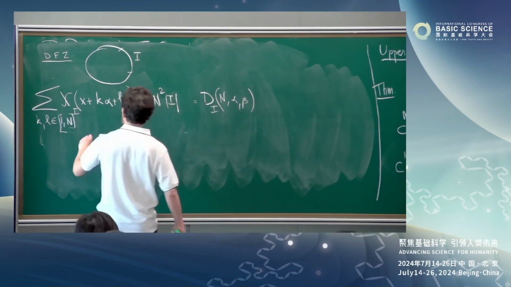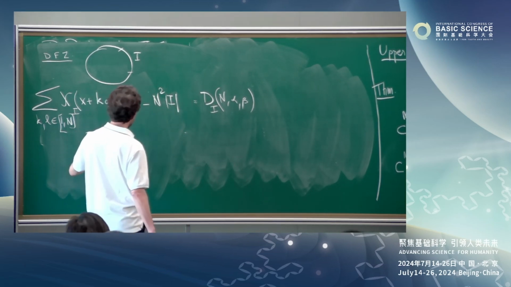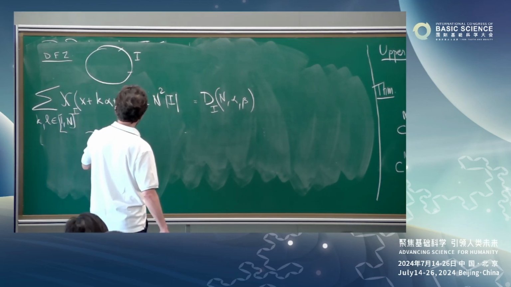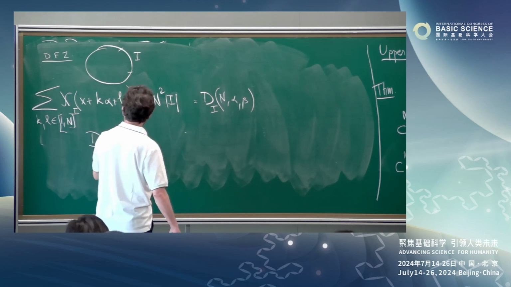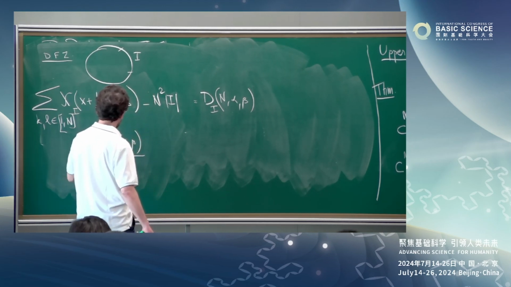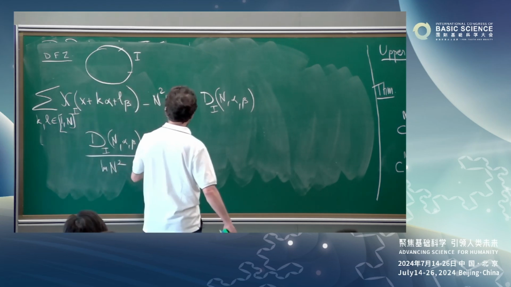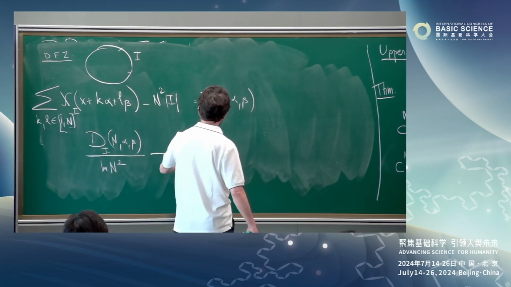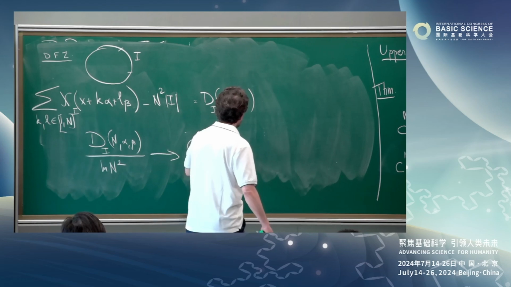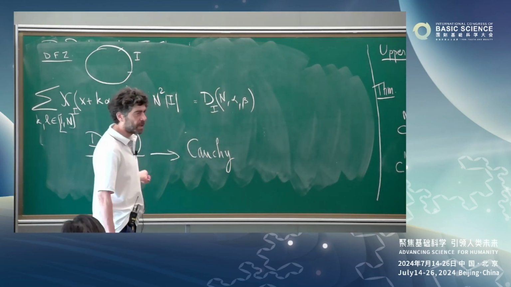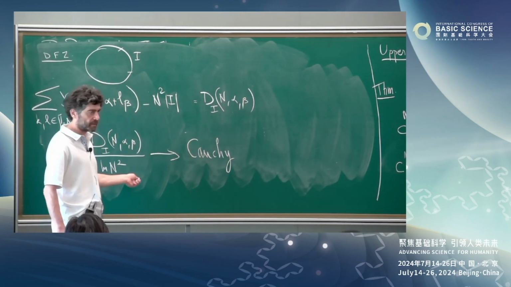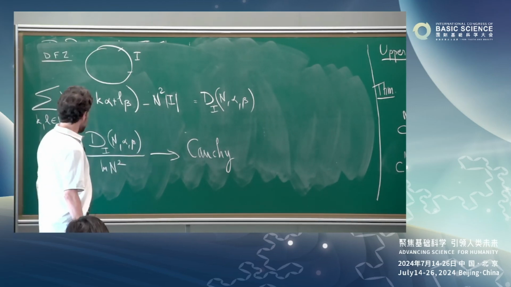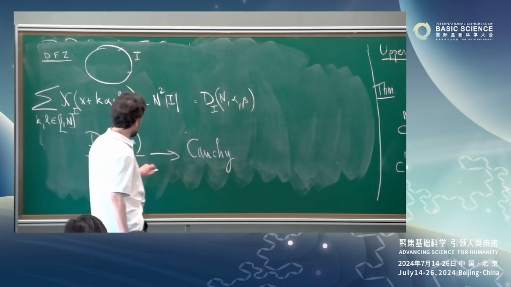And you want to show that D_I(n, alpha, beta) divided by (log n)^2 converges to a Cauchy distribution, also with some parameter that depends on I, but then you show that this parameter does not in fact depend on I. And here alpha, beta are random.